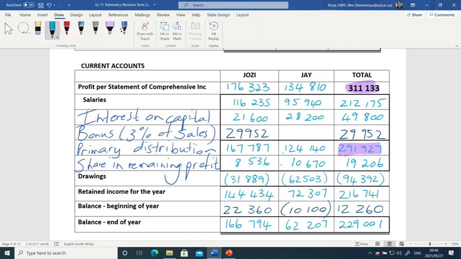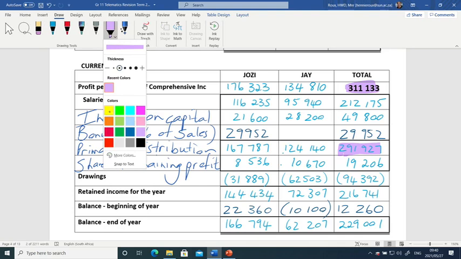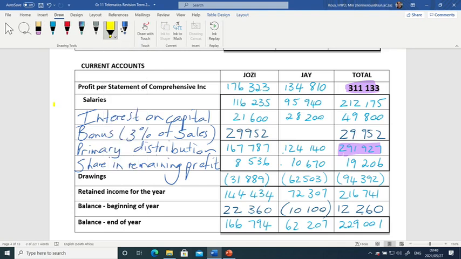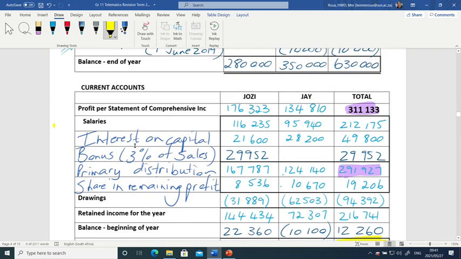And then if we go to the statement of financial position, it will be this amount, the total balance of the current accounts, plus the 630,000 that will form your owner's equity.